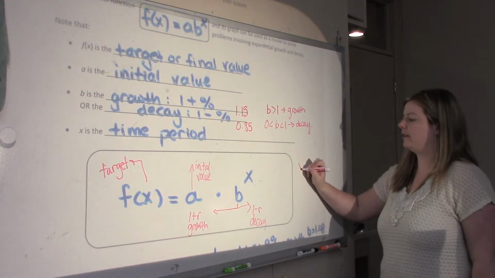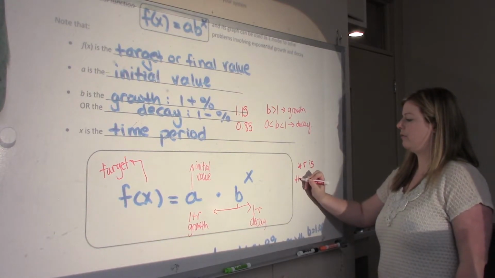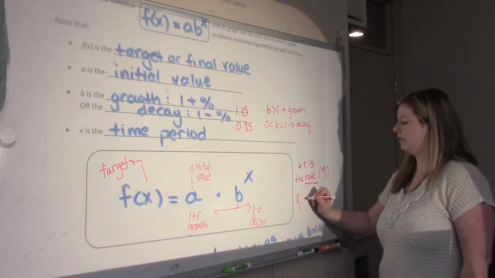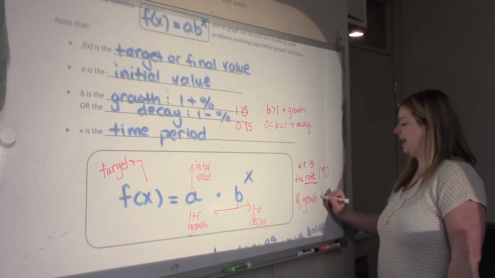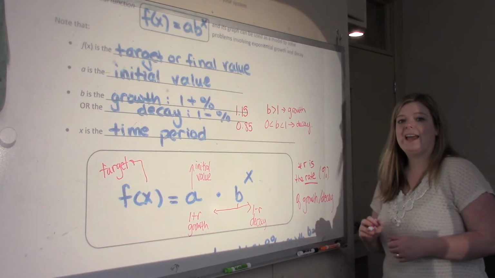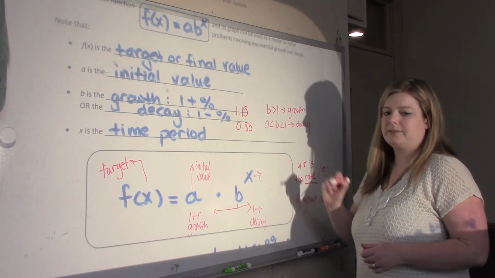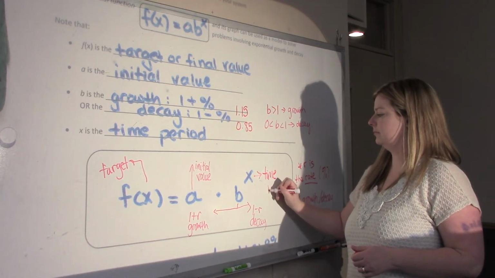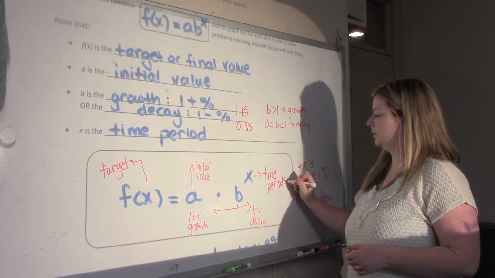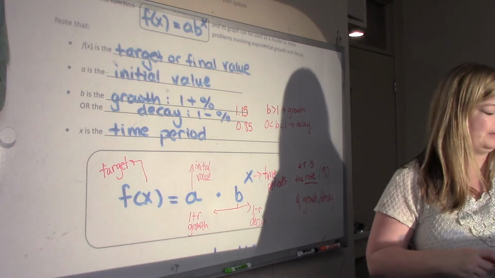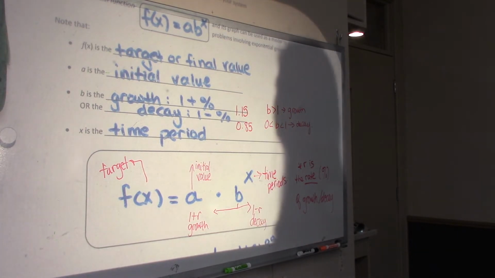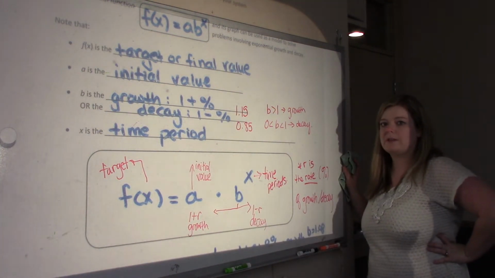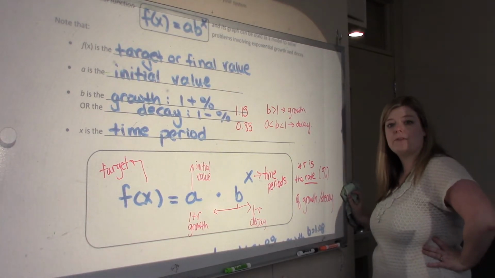And you can add here that r is the rate, which is in percents, of growth or decay. Okay, and finally x is the number of time periods. Okay, and that's how you break that up. So there you go. That's the general form. So make sure you have that down. Pause the video if you need to.